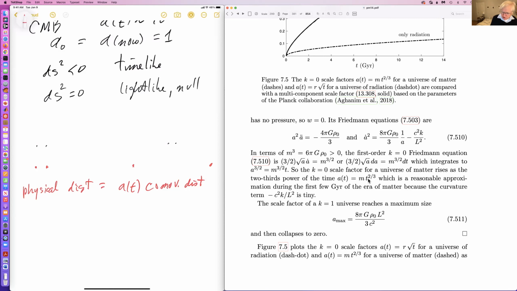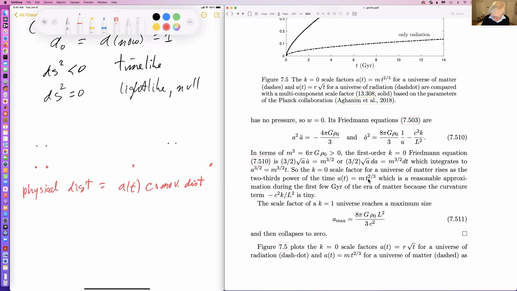So with radiation, you had a going as, let me write this down. Radiation, a of t goes as square root of t, matter, a of t goes as t to the 2/3.